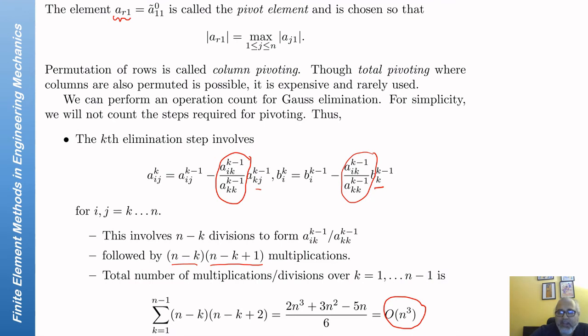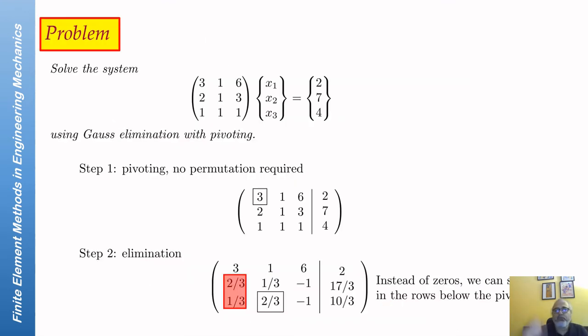Let us look at this pivoting idea through a small problem. As I said, the pivoting is done irrespective of whether a diagonal element is 0 or not, whether we encounter a 0 diagonal or not. Pivoting is done by swapping the largest quantity in a particular column below the diagonal with the diagonal itself. So let us start with this small system and try to find a solution.